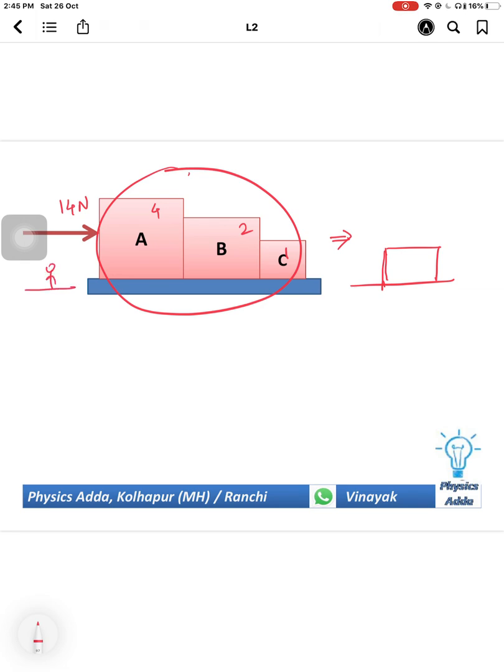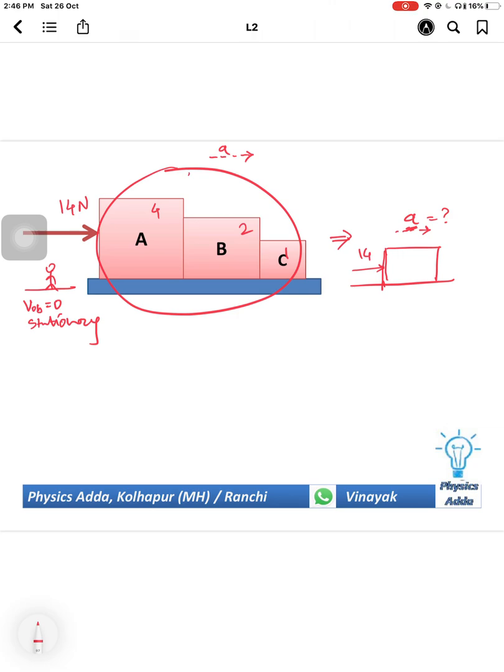Observer is standing here, velocity of observer is 0, he is stationary, so we will find that the whole system is moving towards right with acceleration A.